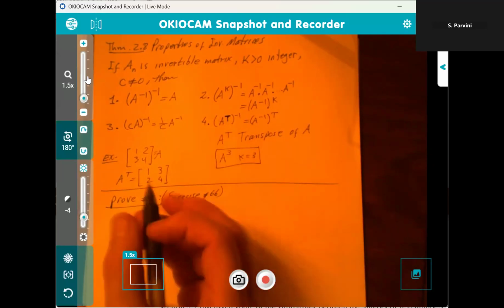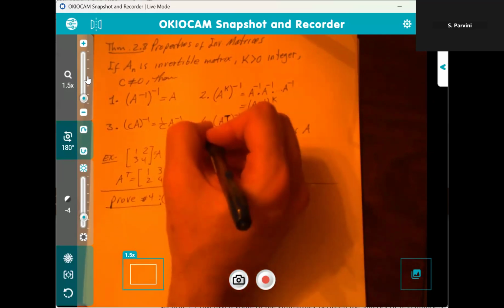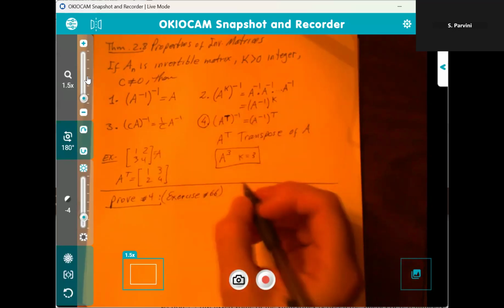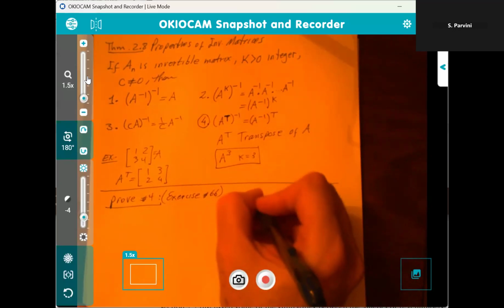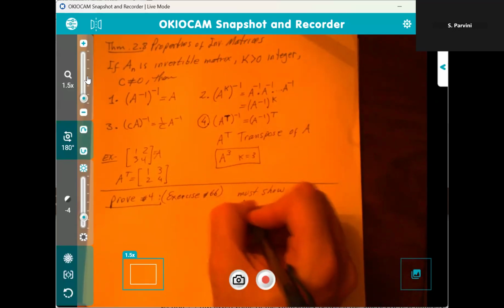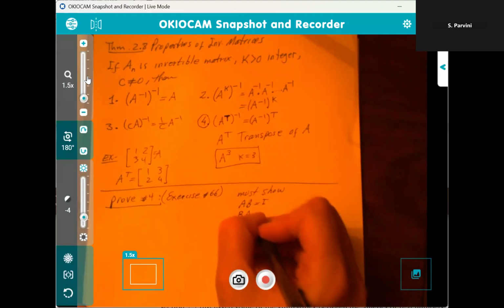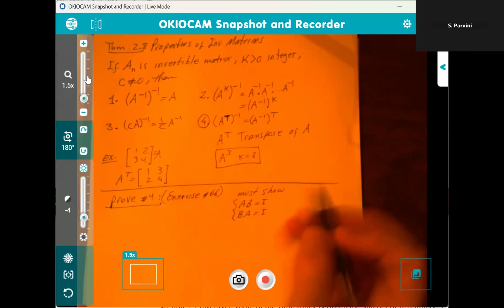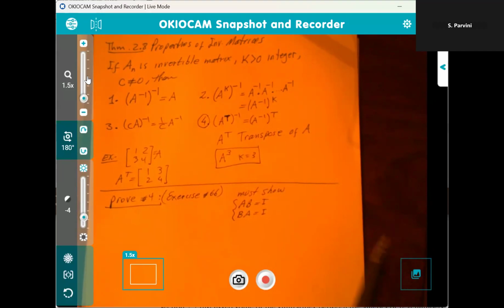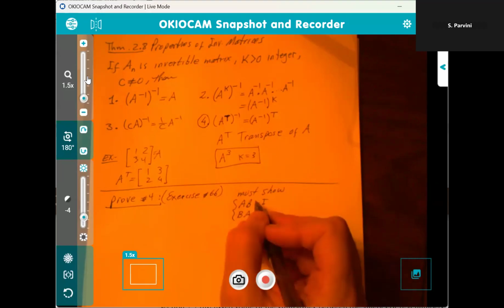Here's our strategy. This is like the thought process. We must show that the products AB is I and BA is I, right? Remember, whether I multiply A times B or B times A, I get the identity matrix. This is by definition of inverse.